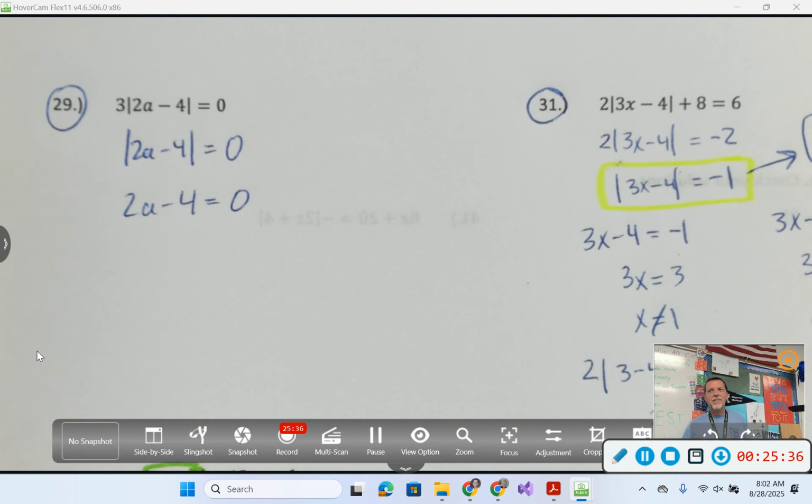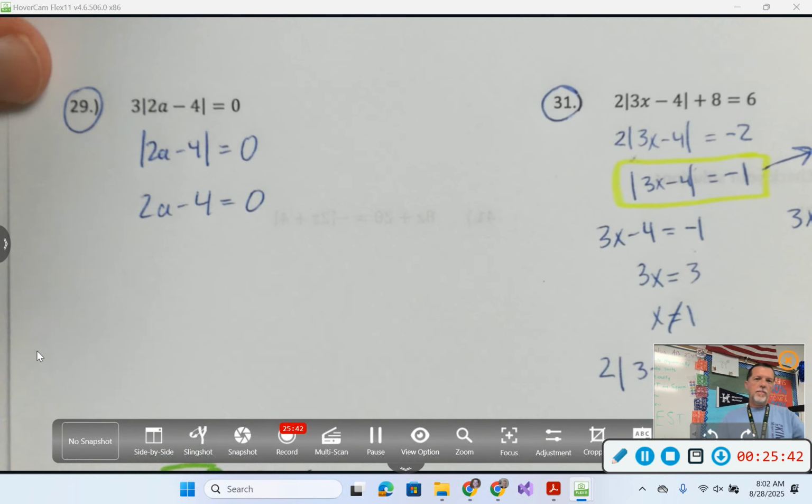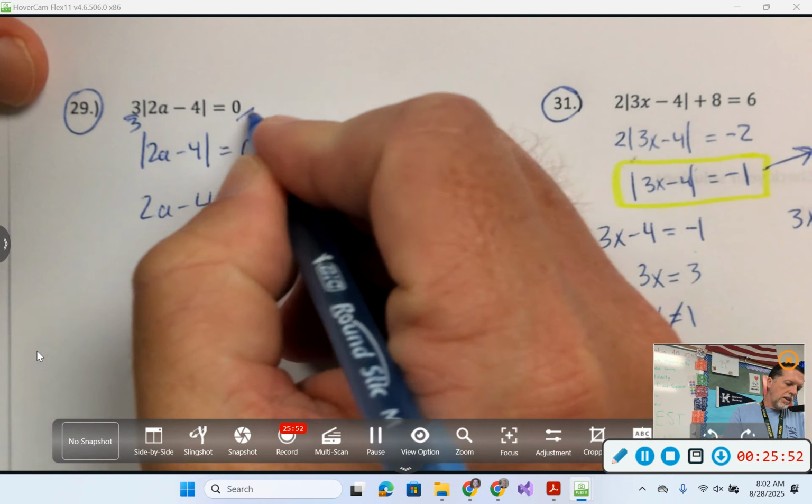Max? Okay, I'll get there in a second. What is the answer? 2a minus 4 equals 0. That's not the answer because I want to know what A equals. A equals 2. What do you do with the 3? I divided by 3.